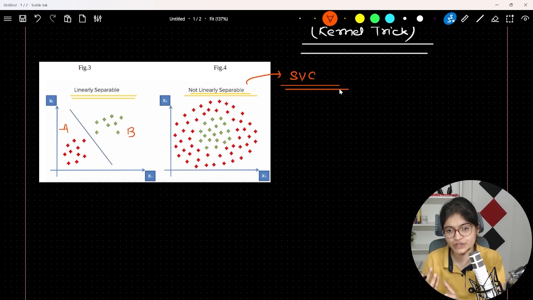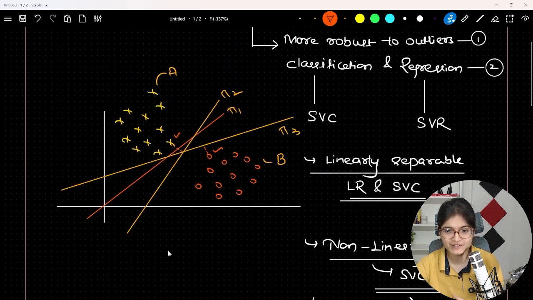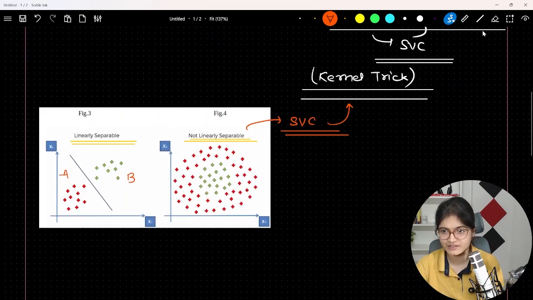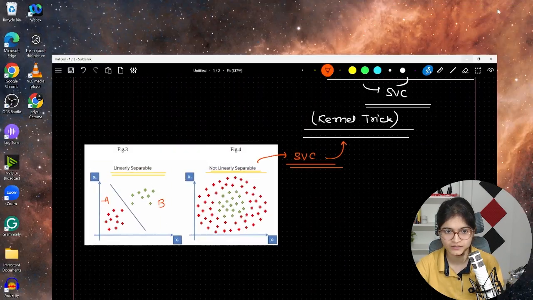Now you must have one question: Priya, how will this be able to classify in this kind of category? As I told you, there is a concept of kernel trick which works. I'll give you brief context behind this kernel trick. We have multiple kernel tricks in our SVM classifier.